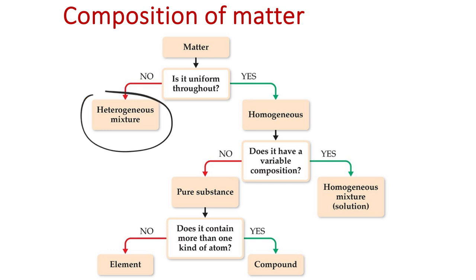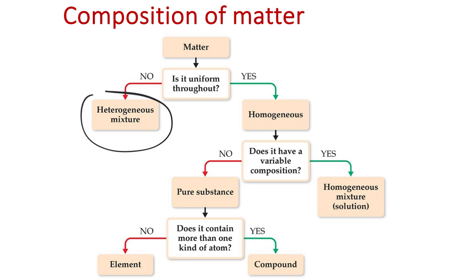A heterogeneous mixture is where I'm seeing two different phases. If I'm looking at a solid, I'm seeing one color on one side of the solid and a different color on the other side, maybe like a rock. That's heterogeneous. If I'm looking at an oil and vinegar mixture that's separated into one layer and another layer, that's a heterogeneous mixture.